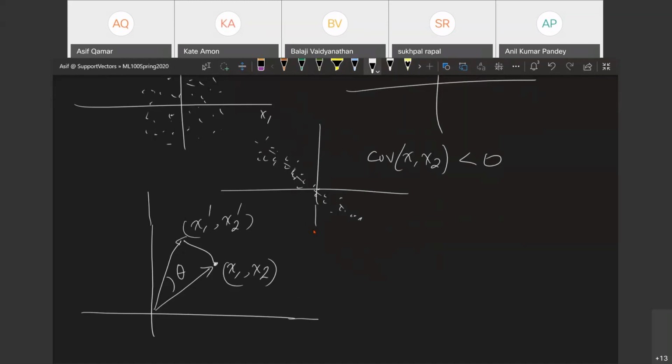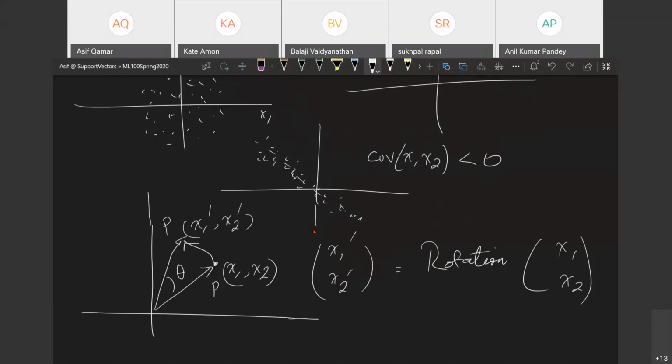You realize that I can represent x1 prime, x2 prime as some rotation of the x1, x2 points, isn't it? All I have done is I have rotated the initial point P to P prime, and I have applied some rotation operation, rotate by theta degrees.